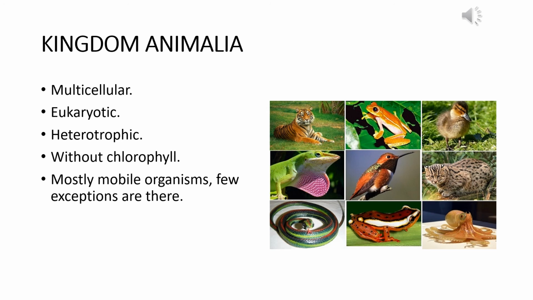The main difference between animals and plants is that the plants cannot move from one place to another. They are sessile. But in case of the representatives of Animalia, most of them are mobile organisms. That is, they can move from one place to another. But few exceptions are present, like the sponges and the corals, which are non-mobile.